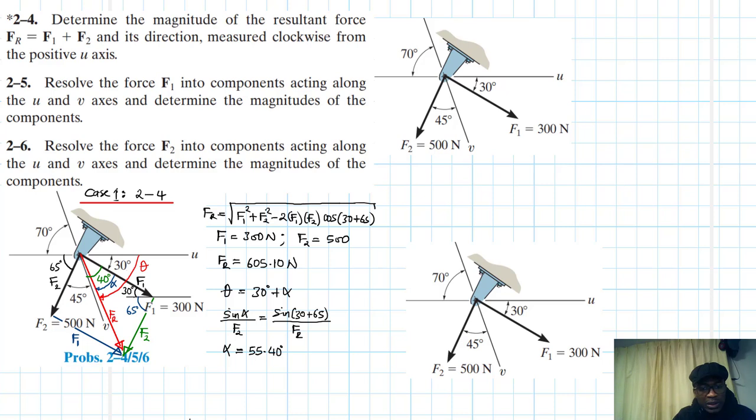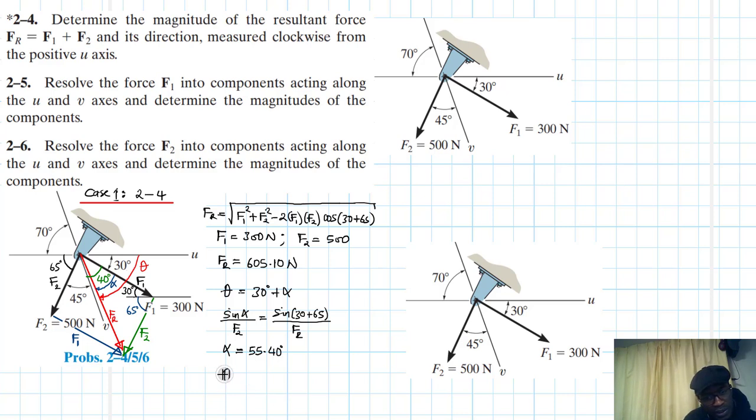All right. So we have F2, which is 500 sine 30 plus 65 divided by 605.10, and then sine inverse of that, 55.40.